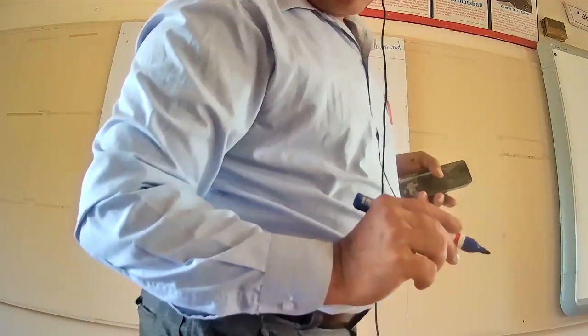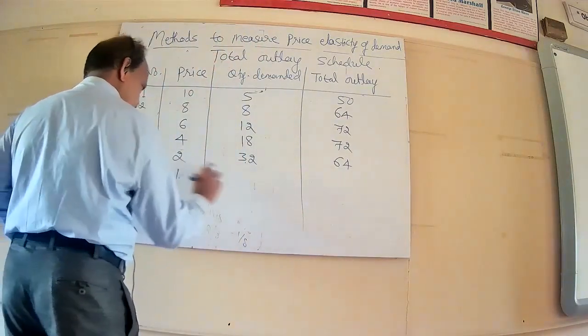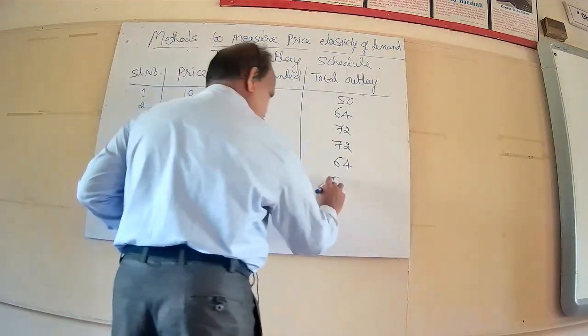Then serial number 6, price 1 rupee, quantity 50. So 50 rupees.